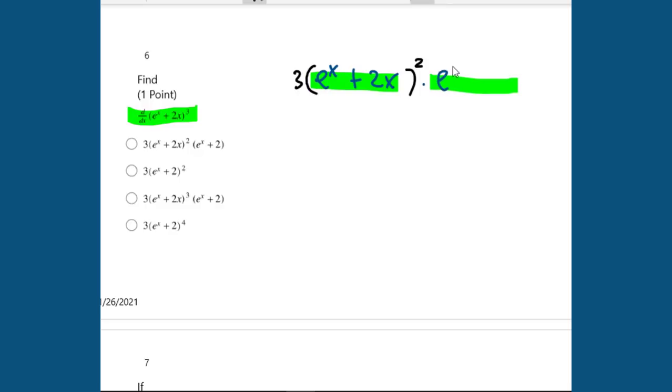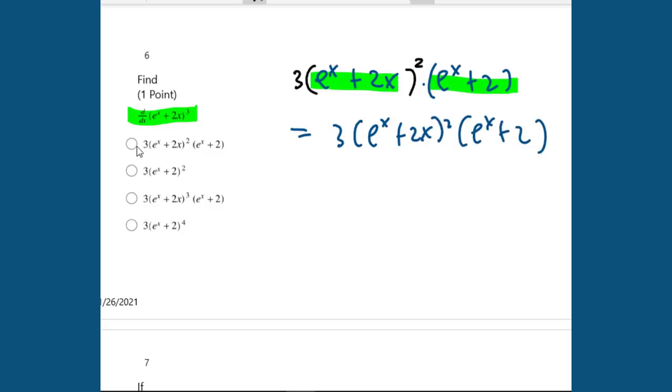Here is e^x, let's copy, and then differentiate 2x. So the answer is 3e^x plus 2x squared e^x plus 2. So the answer is this one. Make sure you differentiate this one to get this.